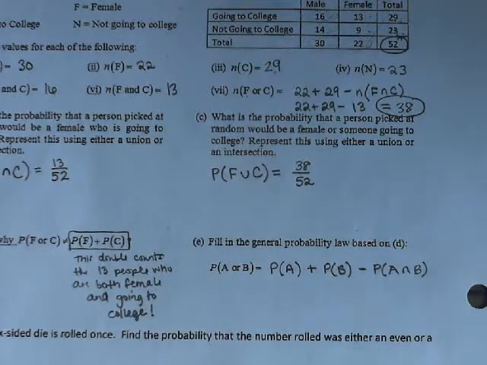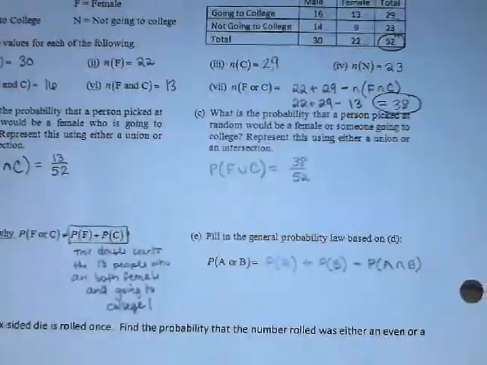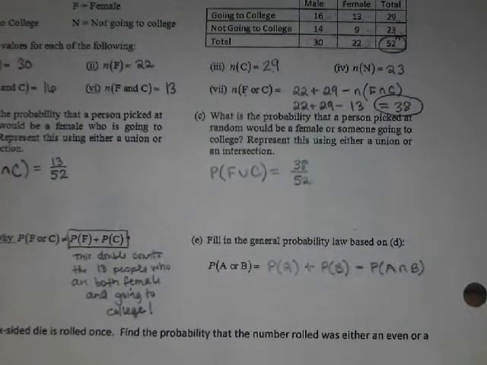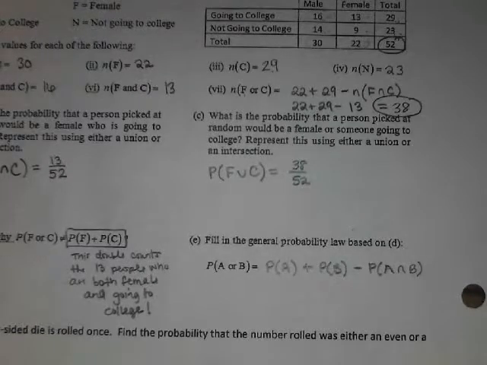That means the probability of both. Okay, and that's the general law with "or" probability, which we've been talking about since day one. Any questions? Okay.